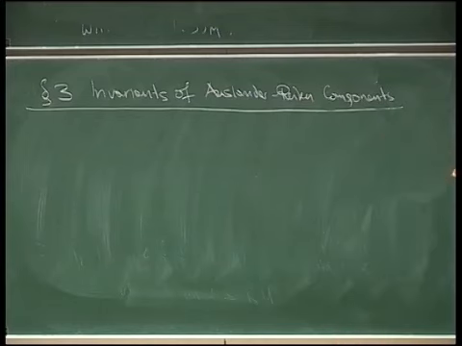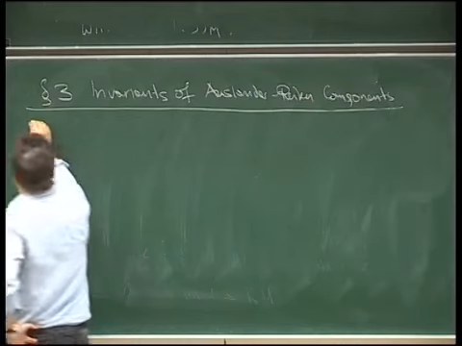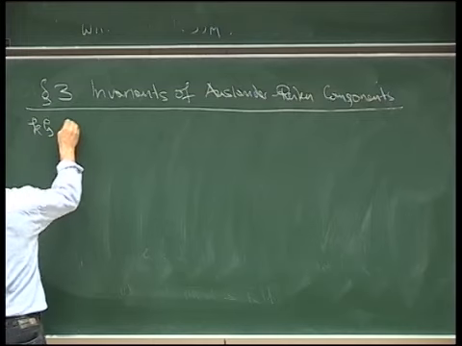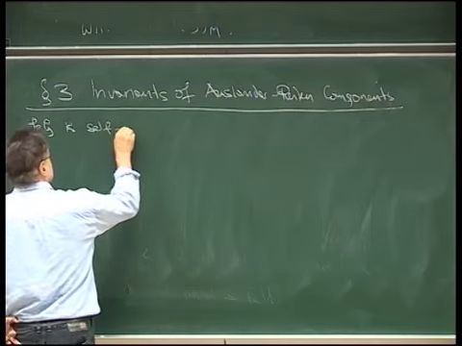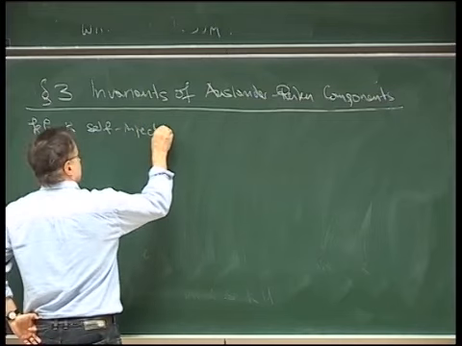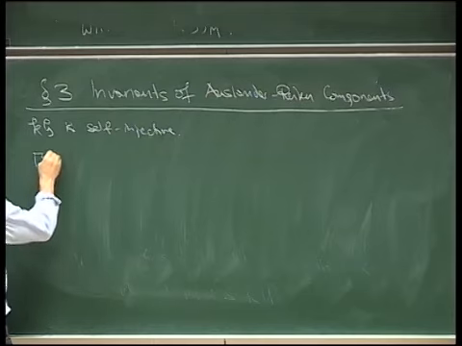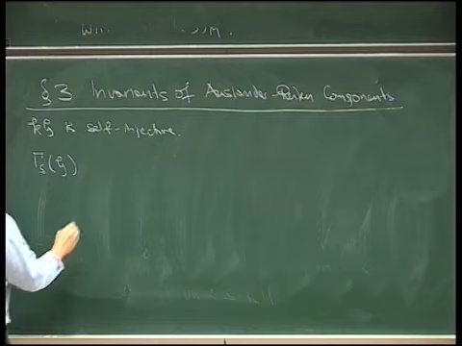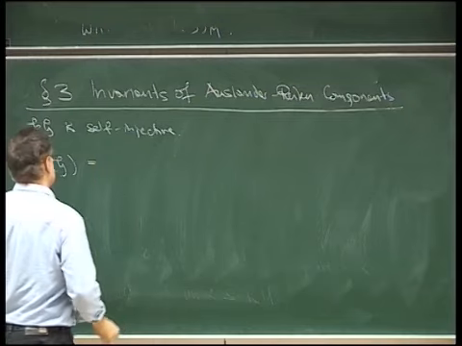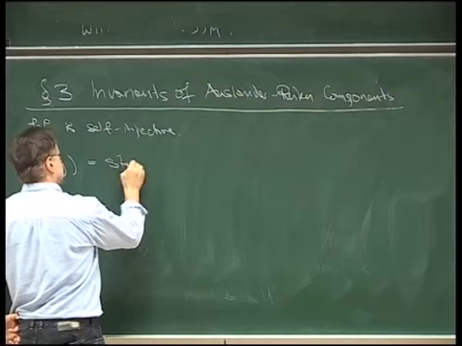Being a finite dimensional Hopf algebra, K G is self-injective. It's even a Frobenius algebra. And in this situation, one associates to the module category the so-called stable Auslander-Reiten quiver.